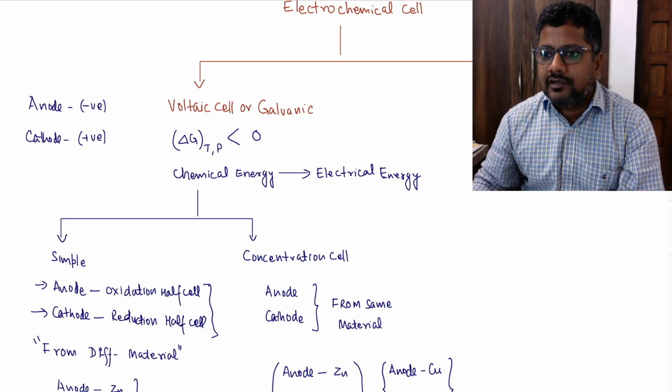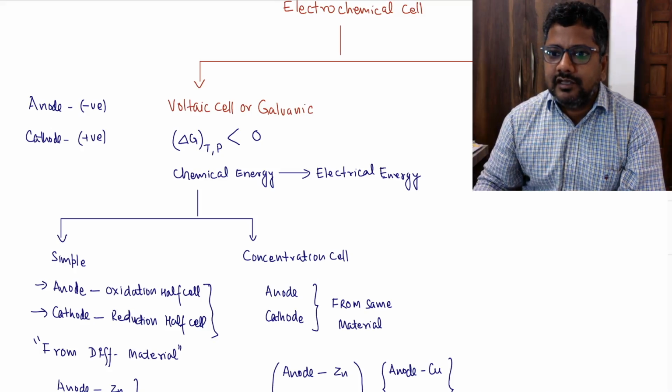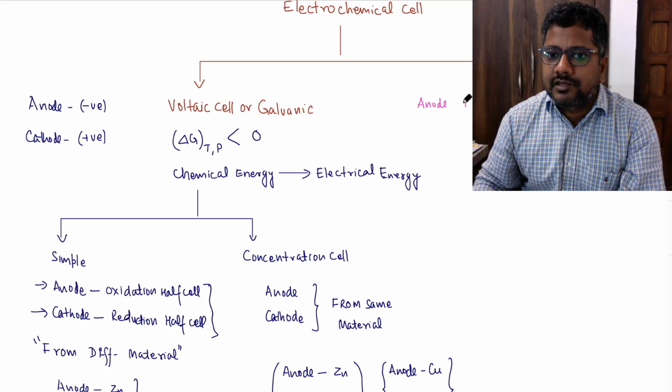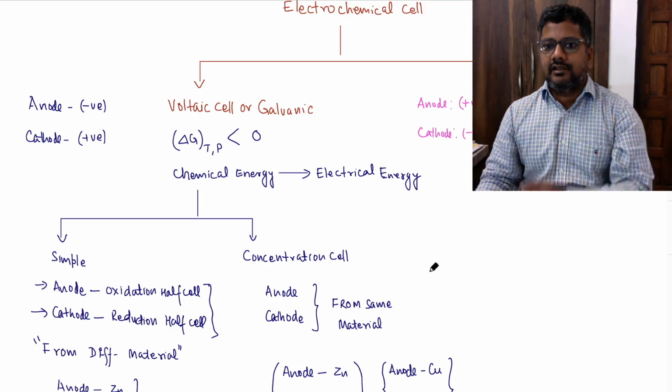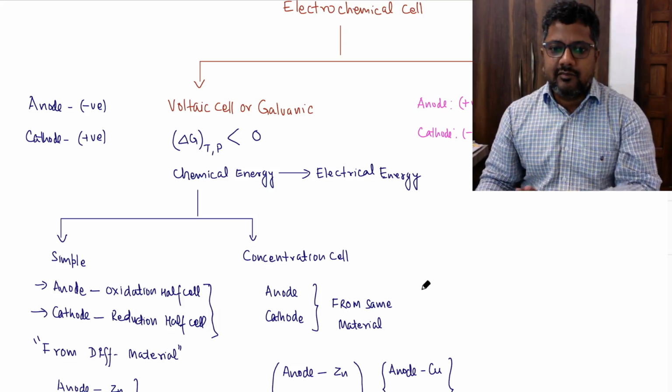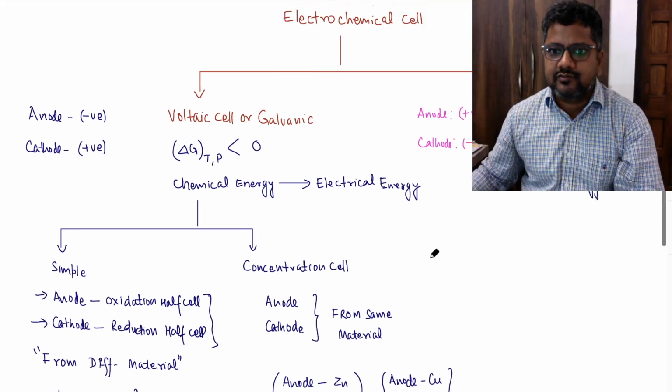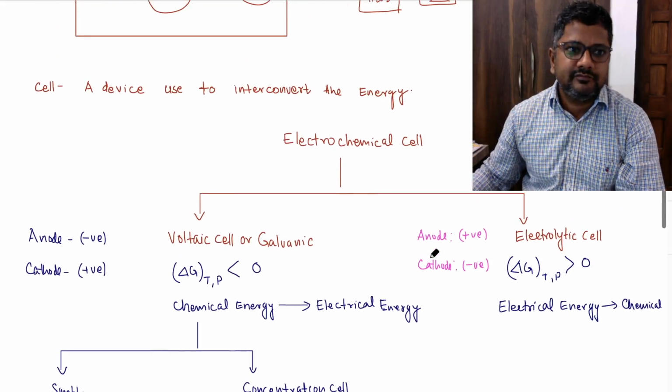But in an electrolytic cell, anode is the positive terminal and cathode is the negative terminal, right? But remember one thing, anode and cathode are not recognized by their polarity.